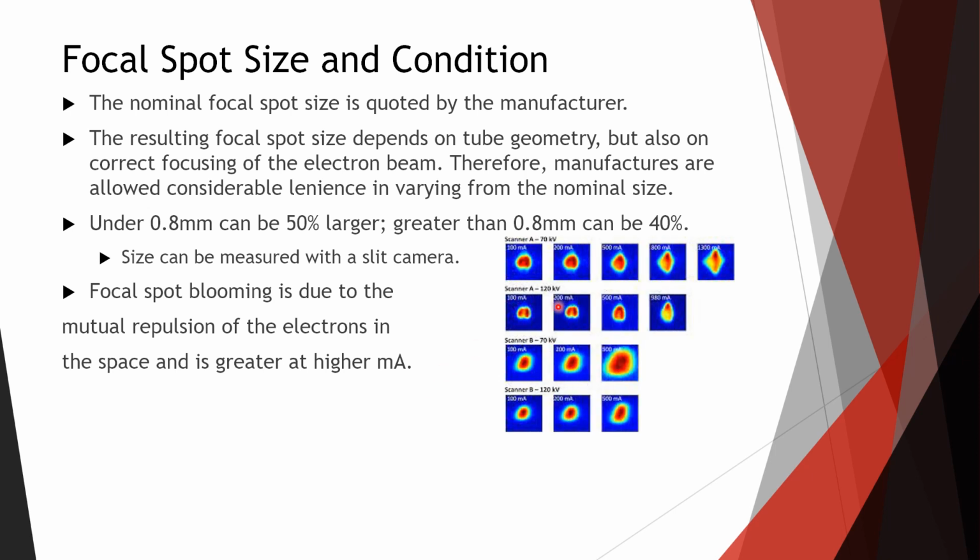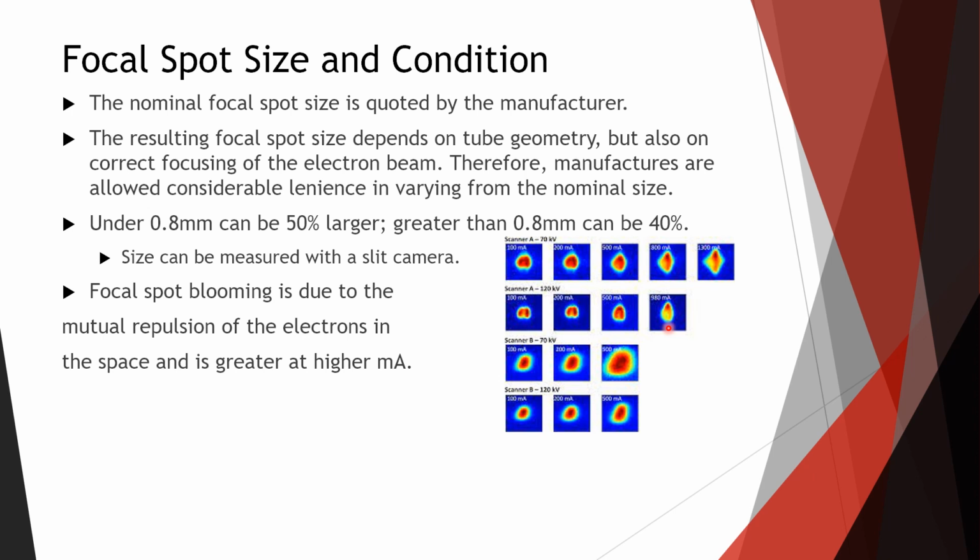This is what the blooming can look like. So the scanner at 70 kVp, scanner at 120 kVp, and you can see at different mA stations, this is probably a scanner because it's 980 mA.